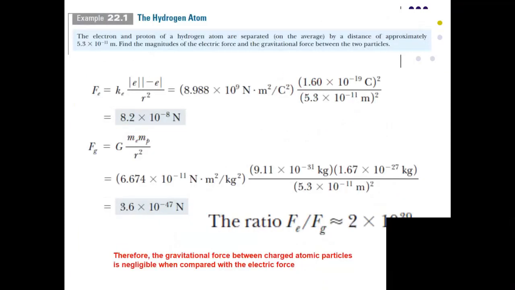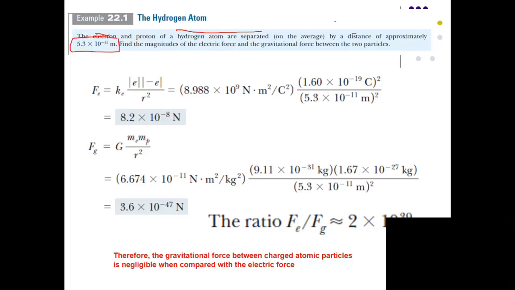So an example. This example simply demonstrates the difference between electric force and gravitational force. Here we have an electron and a proton of a hydrogen atom, separated on average by a small distance, which is that distance.